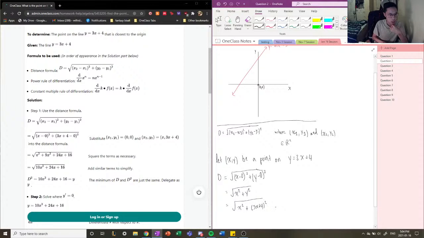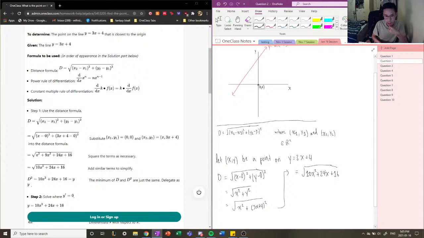Okay? And if I were to simplify this, it would be the square root of... let me just write out the entire thing. So I'm going to expand this bracket. So it'll be 10x squared plus 24x plus 16.